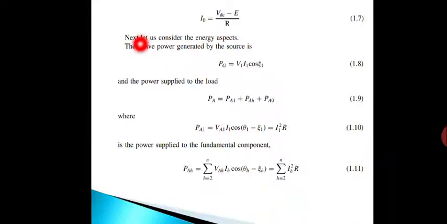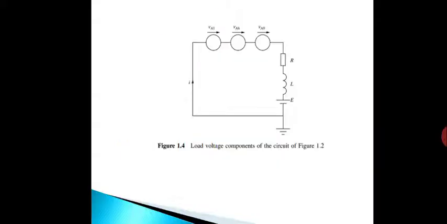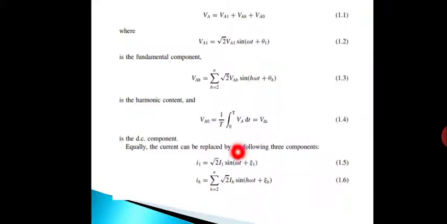So next let us consider the energy aspects. The active power generated by the source is Pg is equal to V1 I1 cos zeta 1. So we know the fundamental frequency of the fundamental current, that is I1 sin omega t plus zeta 1.